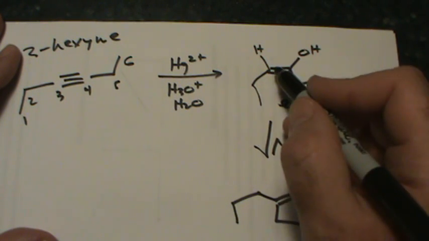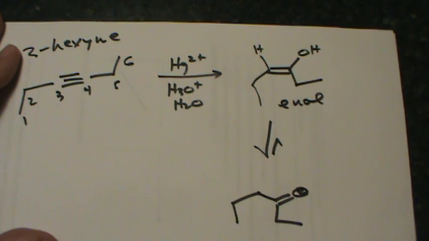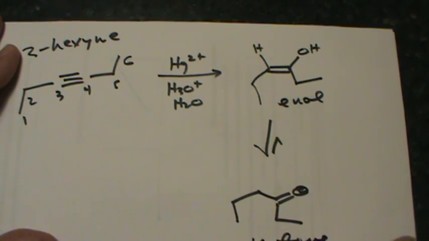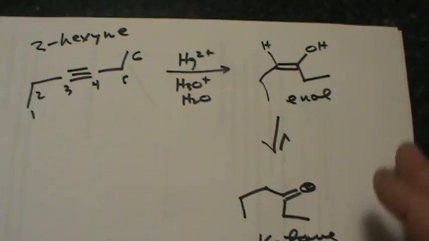The hydrogen effectively migrates to this alpha carbon, alpha to the carbonyl, and I just get this ketone structure. So when you see enols, and when you form enols, recognize that they rapidly equilibrate to the corresponding aldehyde or ketone. So far we've only seen them equilibrate to a ketone, but that's going to change in just a moment.